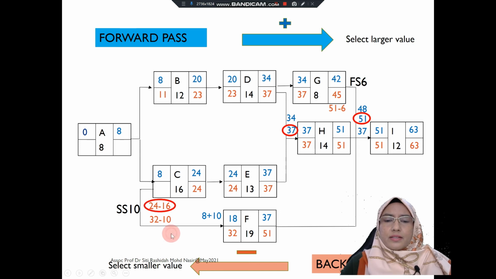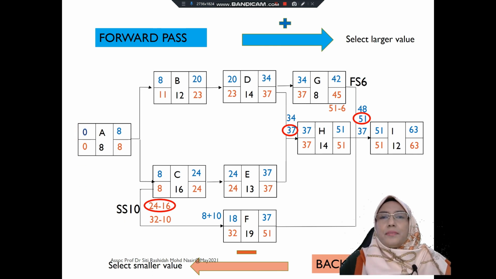In this case, the smaller number is 8. So 8 and 11, you take the smaller number, which is 8, and it goes back to 0. So in order for you to make sure that your calculation is correct, the value here must go back to the same value where you start.